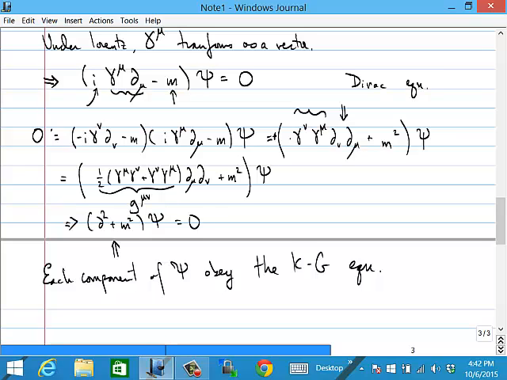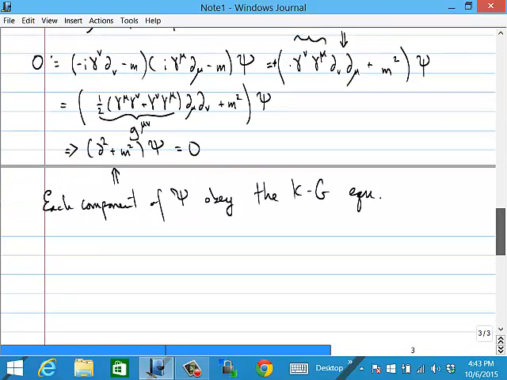Indeed, it's probably worth mentioning at this point that this equation is responsible for a quite different interpretation of the Dirac equation.